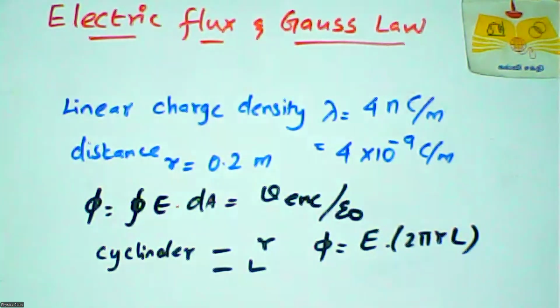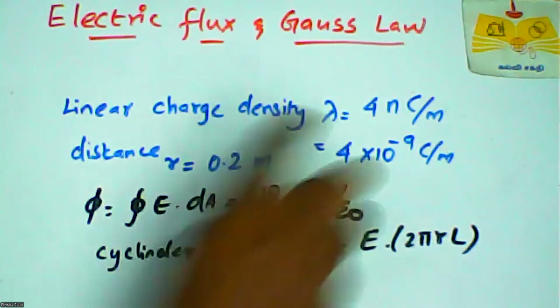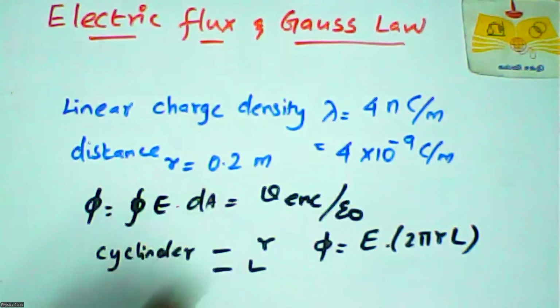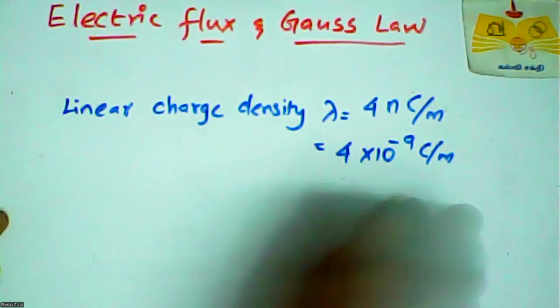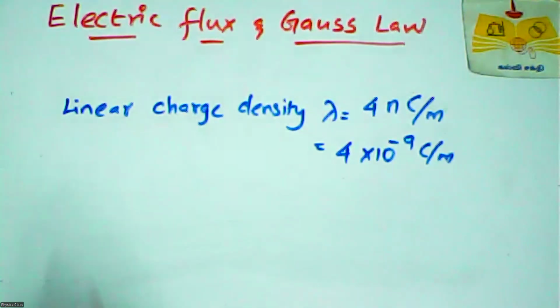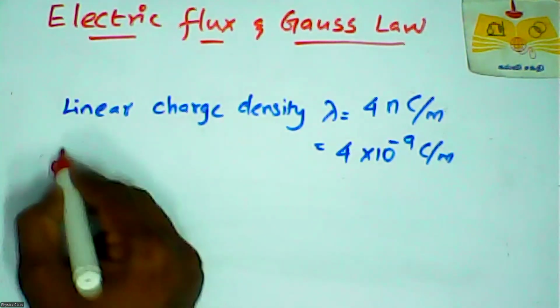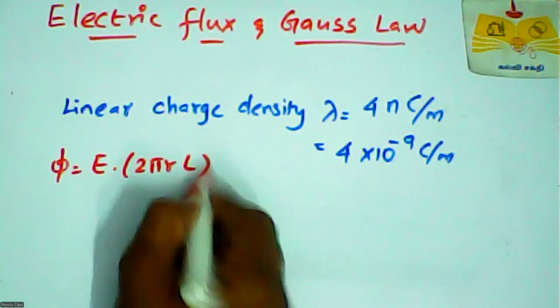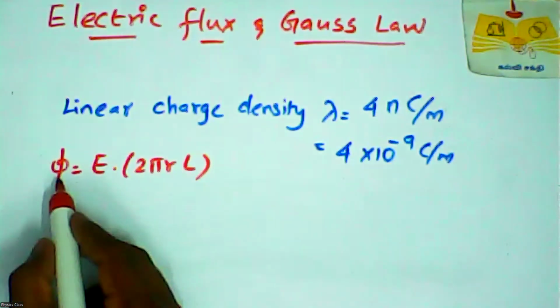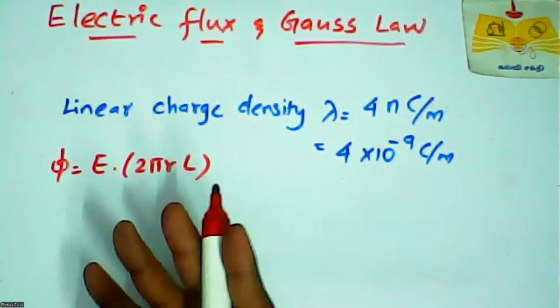Then we can move into that lambda. Please note it down. So we have phi is equal to E dot 2 pi r L. Phi means Q enclosed by epsilon naught.